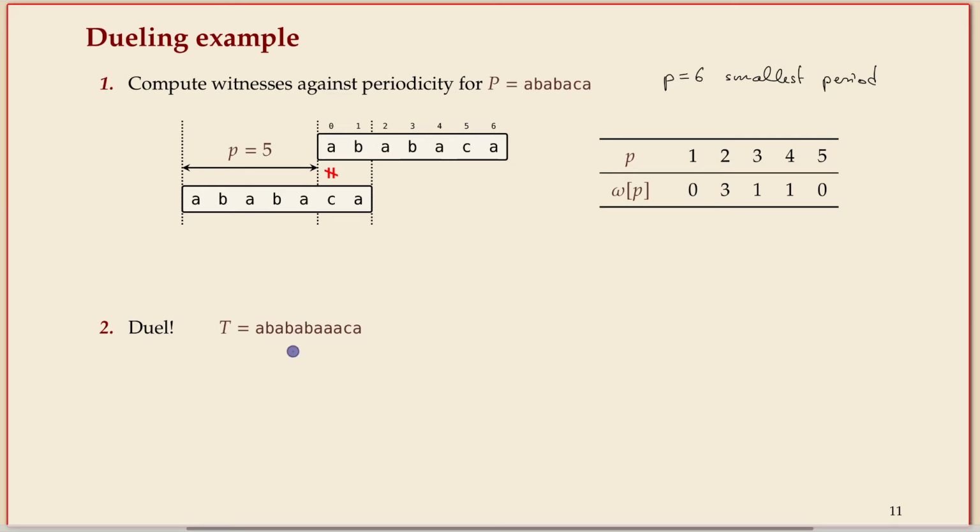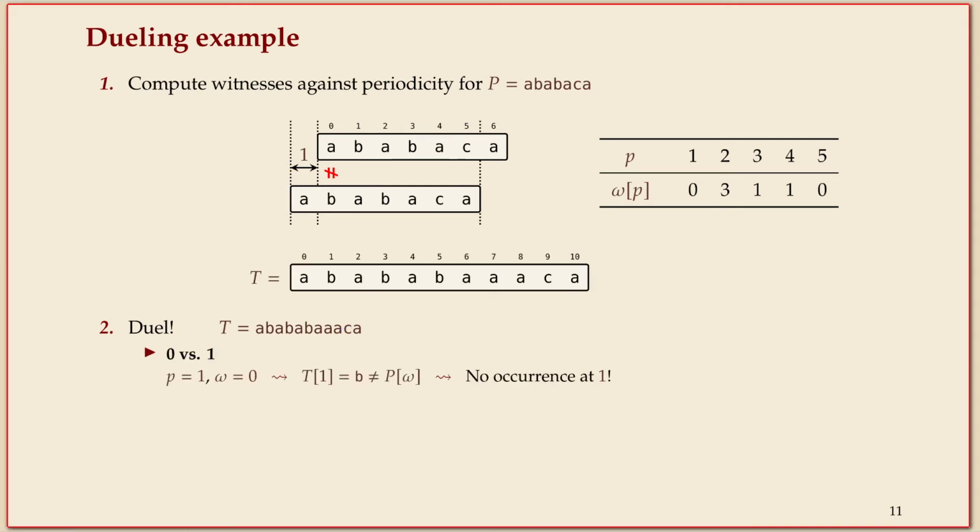And now let's play the duel. If we have this text and we try to find the occurrences of the pattern in this text. Now I know there's only one C and you can already kind of guess manually where the occurrence could be, but that's not what we want. We go strictly by these duels. The first one is we can play position 0 against position 1. So guess i equals 0 against guess i equals 1. That means we have a potential period of 1, but we know it's a non-period, and we have a witness against it.